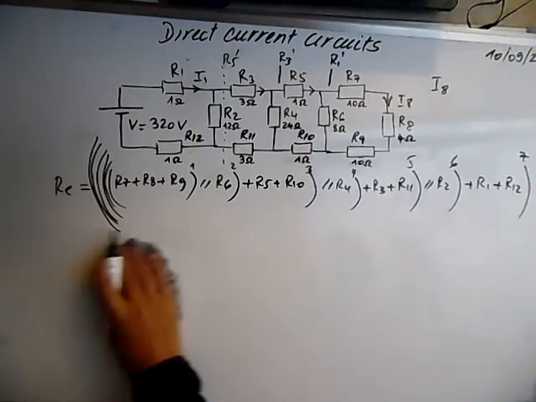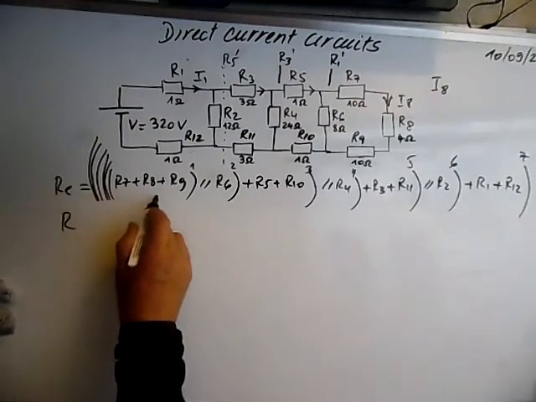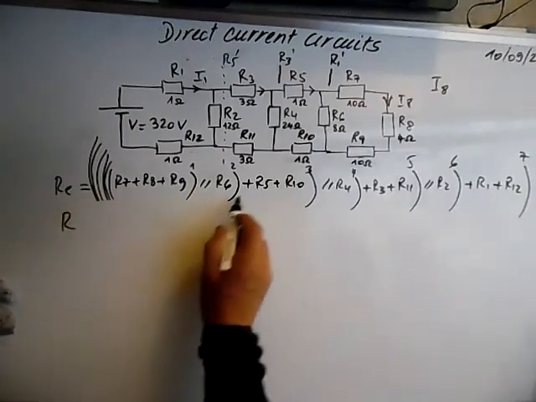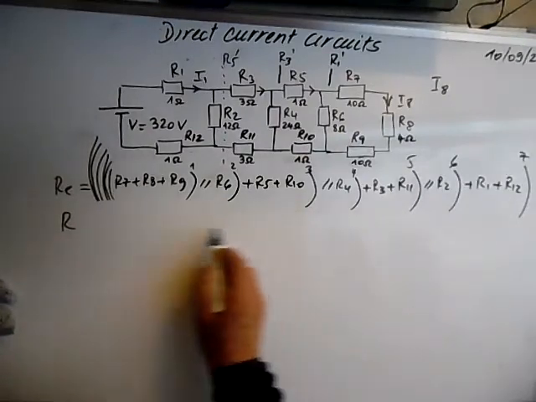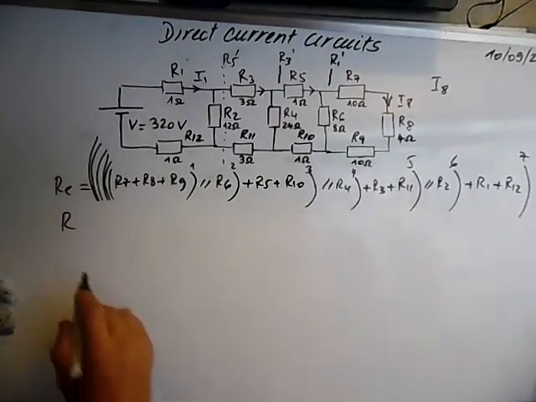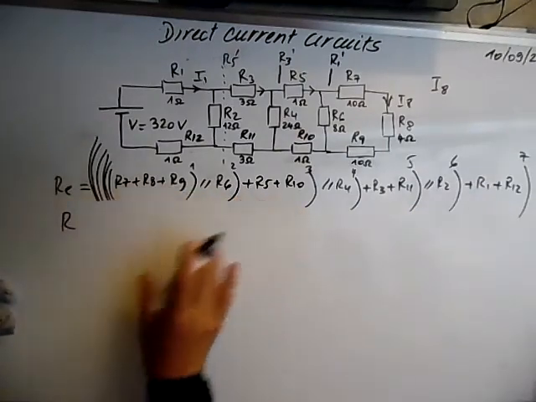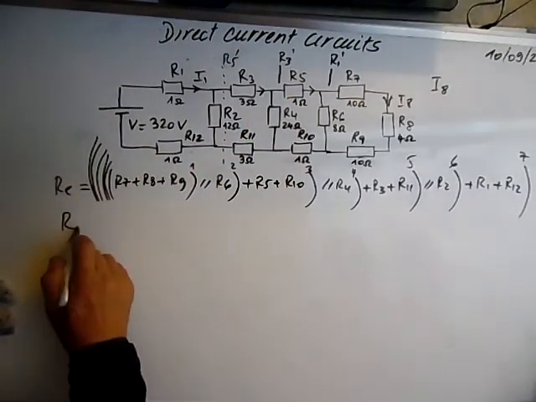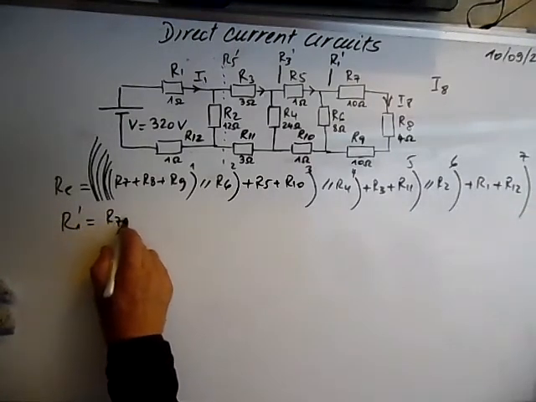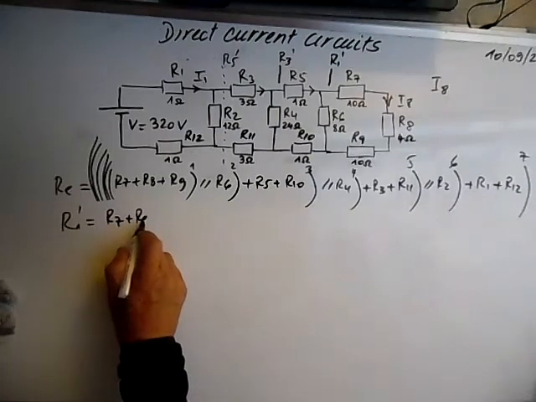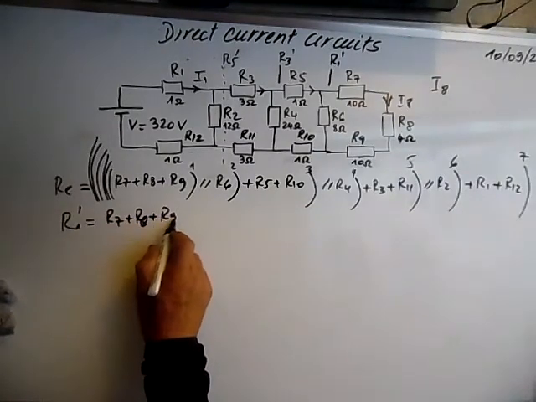Okay, let's start from the first. Let's call these R1 prime, R2 prime, R3 prime, R4 prime, and so on, as we need these resistances to calculate the currents. R1 prime is R7 plus R8 plus R9.